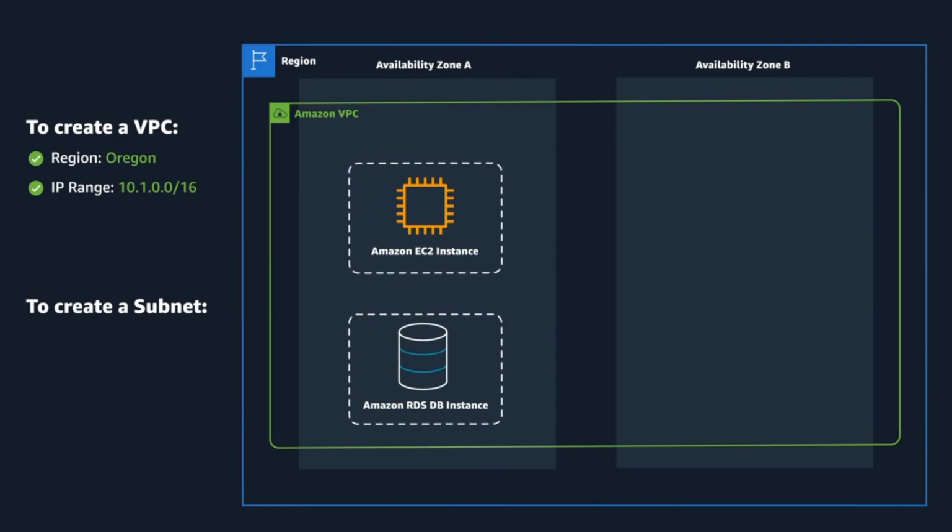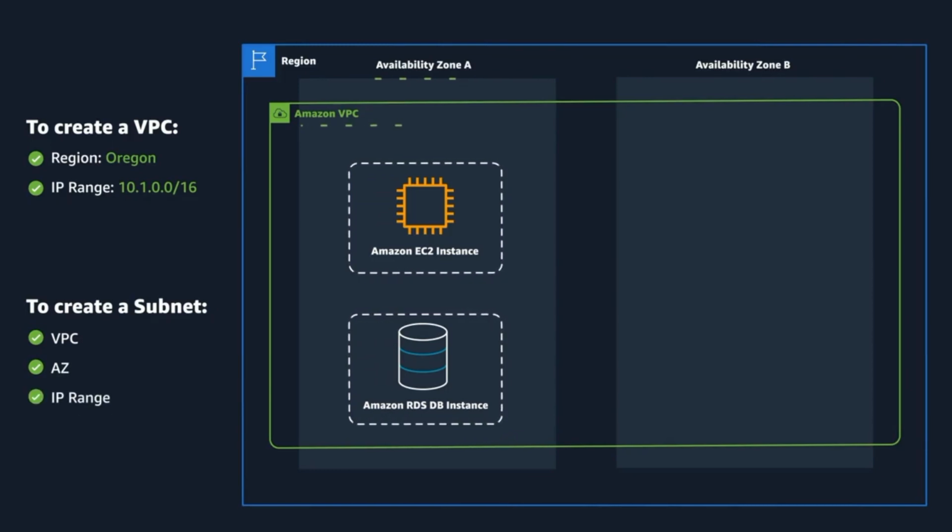To create a subnet, you need three main things: the VPC you want your subnet to live in, which is this one; the AZ you want your subnet to live in, in this case we'll choose AZ A, or in other words, US West 2A; and then the CIDR range for your subnet, which must be a subset of the VPC CIDR range.